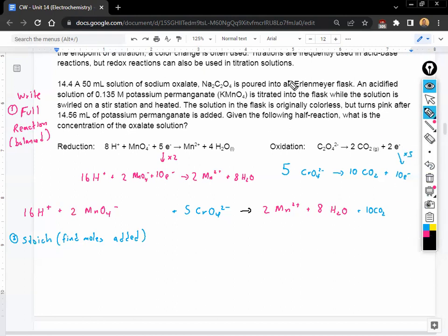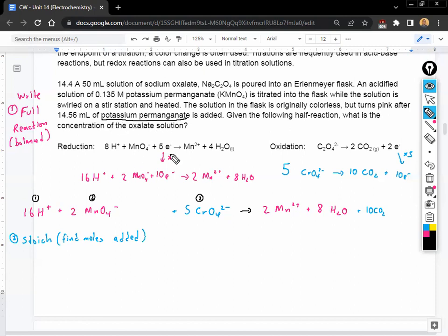Okay, so if we take a look at it, we said that we added potassium permanganate. So we're adding permanganate. Out of these three, 1, 2, and 3, which of these ions were added?